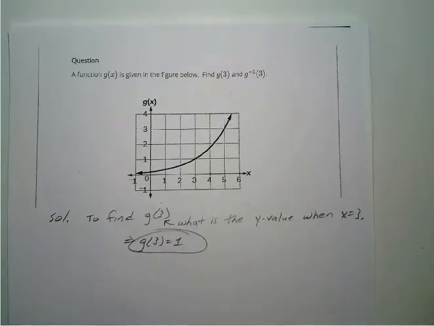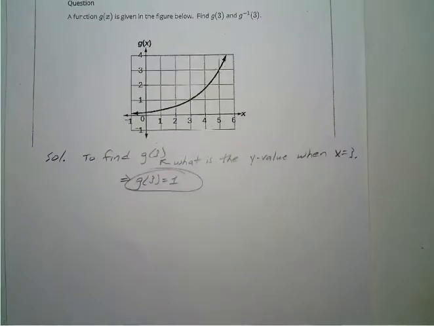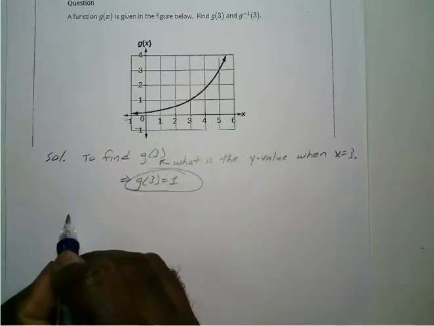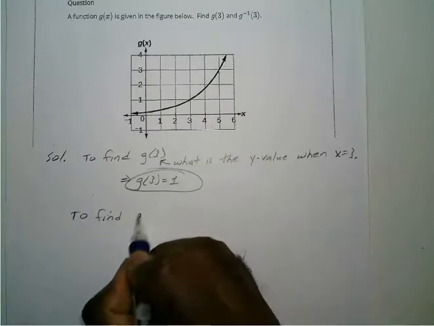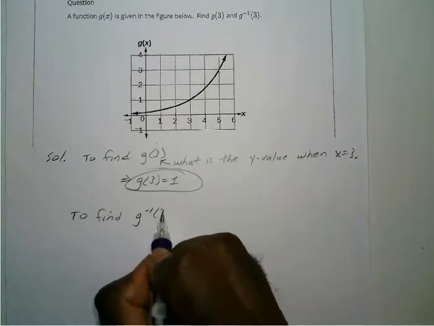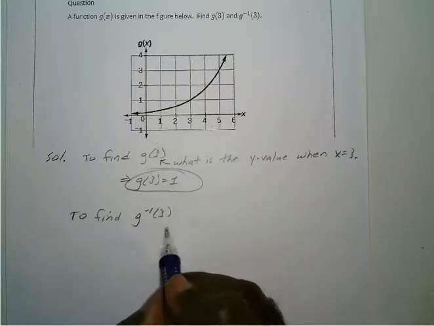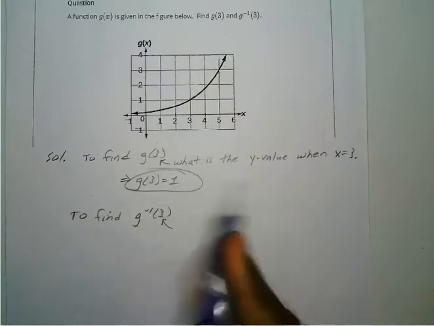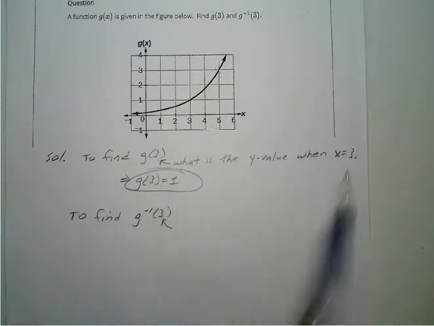Okay, now we're going to look at the inverse. And to find the inverse, you have to think of it a different way. So to find g inverse of 3, this one, remember, is a little bit different. This says for g of 3, you want to know what the y value is when x is equal to 3.